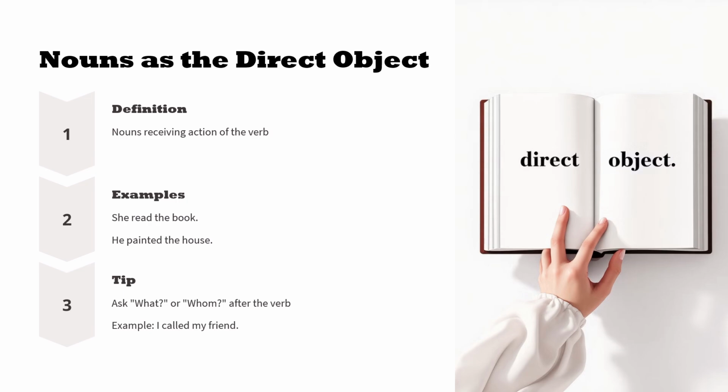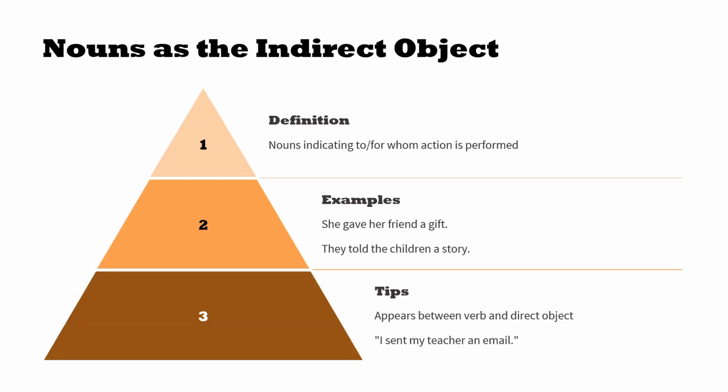Okay, good. So now that we've understood how nouns function as direct objects, we'll build on this concept by looking at nouns as indirect objects, which often work alongside direct objects to add another layer of meaning. Okay, so now we have nouns as the indirect object. So an indirect object adds another layer to a sentence by showing to whom or for whom the action of the verb is performed.